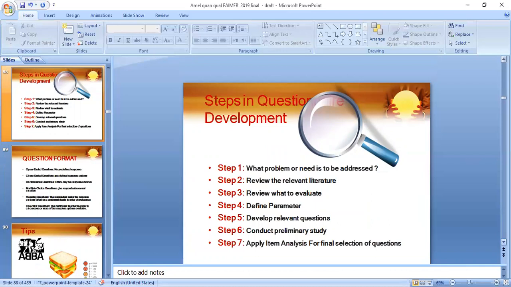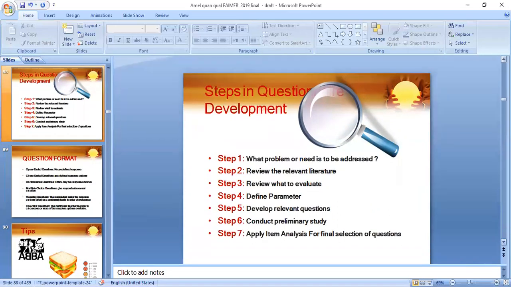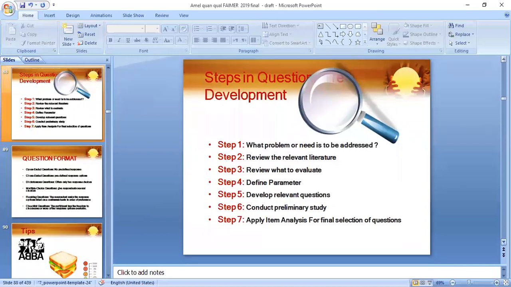So the steps of doing a questionnaire: number one, ask ourselves what problem or need is to be addressed, review the relevant literature, review what you want to evaluate, define the parameters, develop relevant questions, conduct a preliminary study, and then apply item analysis to the questionnaire.